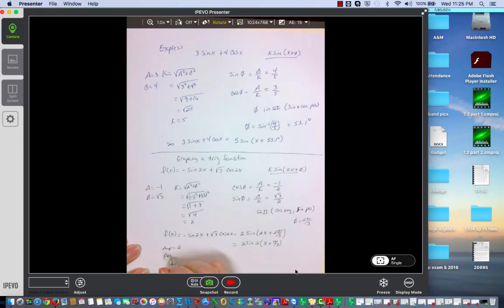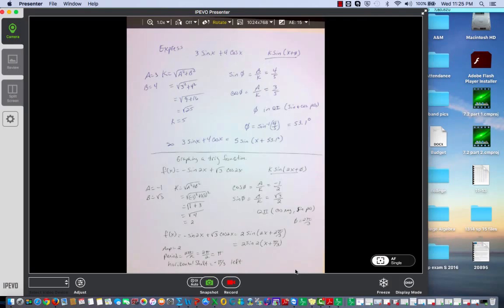Our period would be equal to 2 pi over k. K is equal to 2, so we have 2 pi over 2, which will get us pi. And our horizontal shift would be equal to pi over 3. It'll be negative because it's opposite of what we see, and that means it's going to shift to the left.